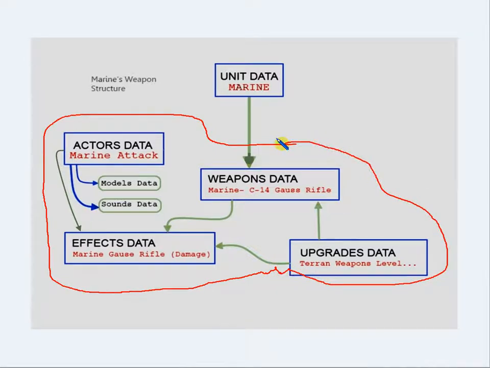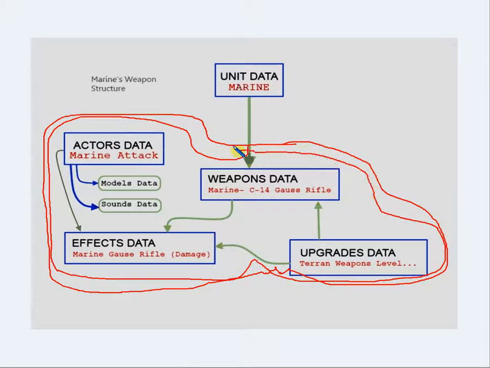So later on, when you look at other weapons or other abilities, you'll be able to trace from the overview of what components it has, and then go into each of these and edit their parameters.